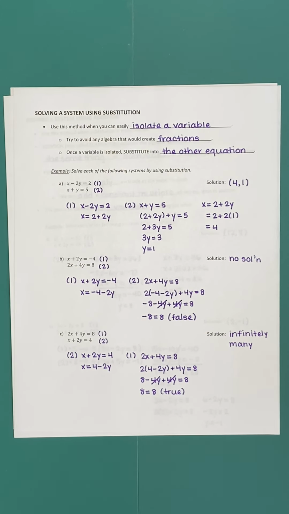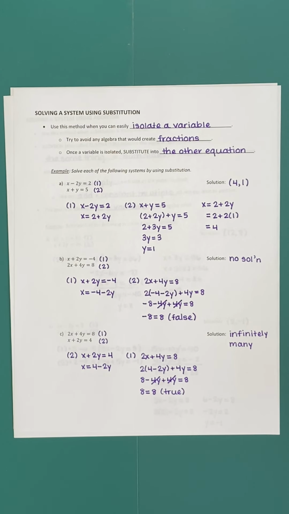What if you have a system where none of the variables have a coefficient of 1, which means ultimately isolating a variable would require you to divide? Again, the issue with dividing is we may create fractions, whereas we didn't originally have any fractions in the problem. Fractions are okay, but most people probably want to avoid fractions if they can, myself included.